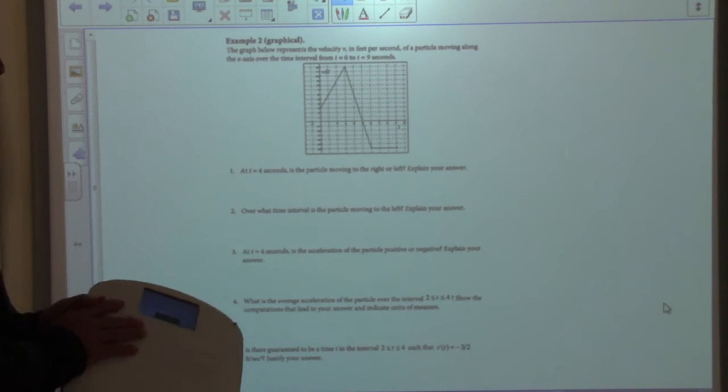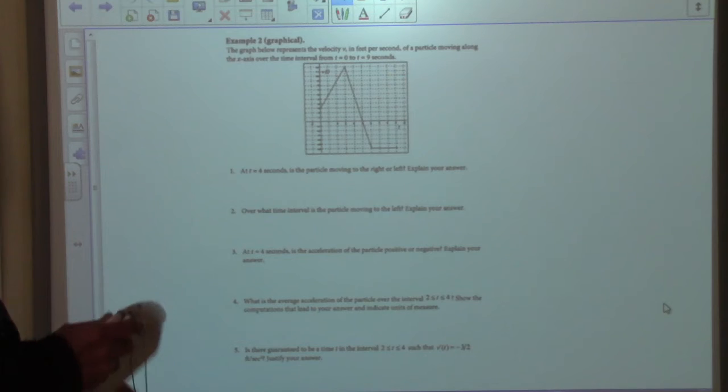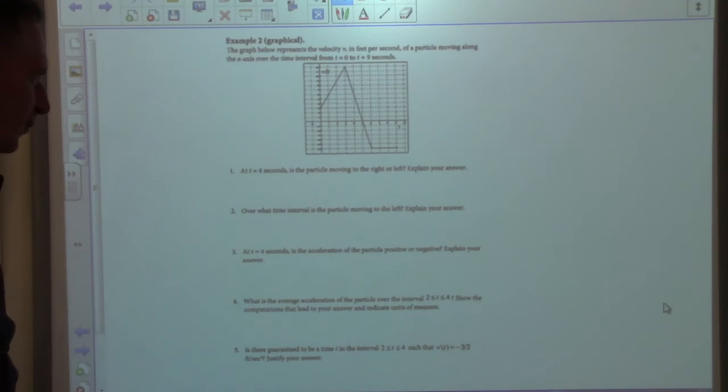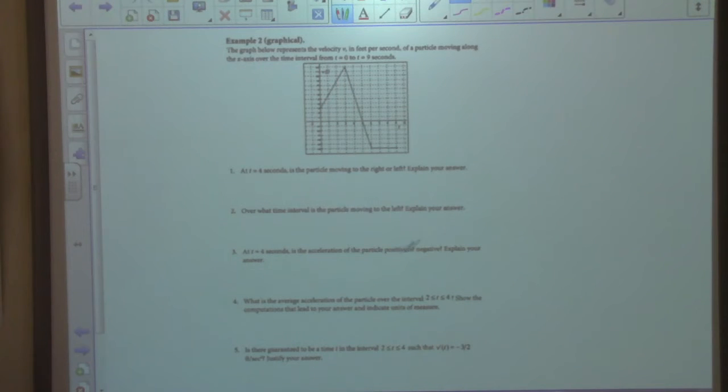Let's go ahead and answer the second one. Over what time interval is the particle moving to the left? From 5 to 9. And are those open intervals or closed? That's a good question. Why is it 5 to 9? Now we get to justification.